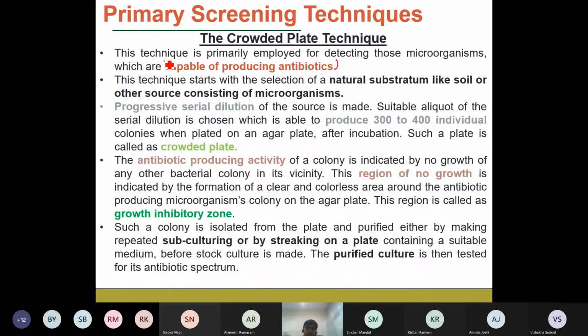It can be used only for microorganisms which have the capability to produce antibiotics. The production of antibiotics is a very important fermentation process, especially in bioprocess, pharmacy industries or any biochemical industry. So generally this technique is used for microbes producing antibiotics, and it actually starts with an initial soil sample.